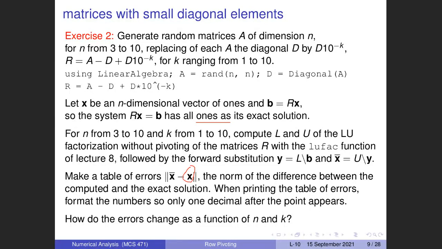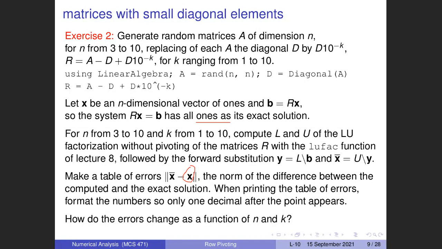You can define a matrix with the errors in there, or if you do the calculation, you can also print the errors, preferably in scientific format with a small fraction, but to emphasize the exponent.